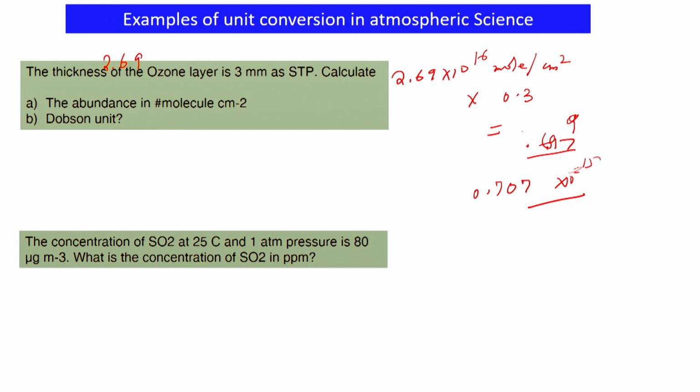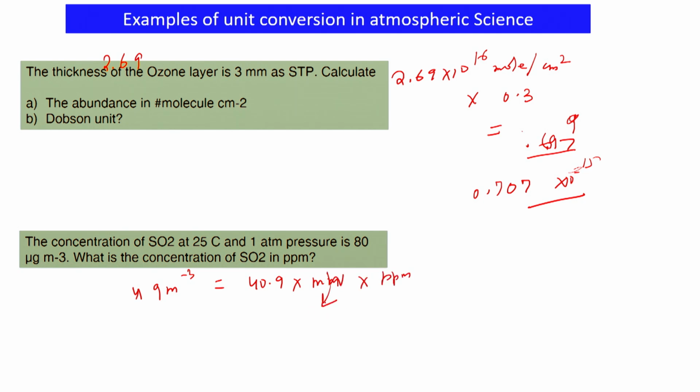Another calculation: the concentration of SO2 at 25 degrees Celsius and 1 atmospheric pressure is 80 microgram per cubic meter. What is the concentration of SO2 in ppm? Here you have to remember the equation. What equation did we have? We had microgram per meter cube equals 40.9, that was the conversion unit, into molecular weight into the concentration in ppm.